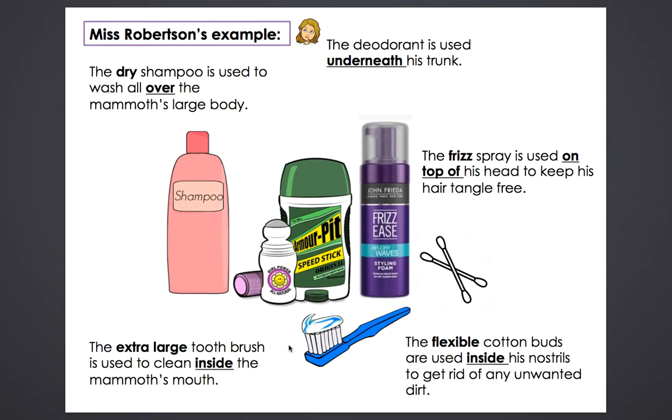Now it definitely would need to be extra large, wouldn't it, to reach inside that mammoth's mouth. And then I've put the flexible cotton buds are used inside his nostrils to get rid of any unwanted dirt. So I've tried to use my adjectives there. Okay, now flexible, if you're not sure what that means, flexible means that it's bendy. And I thought they might need to be bendy to reach inside the mammoth's ears.